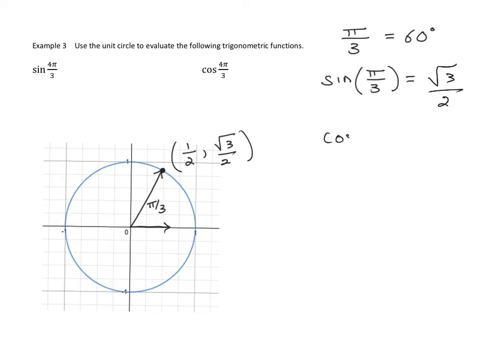And cosine of pi over 3 is the x coordinate, which is 1/2. I can somehow use these values and symmetry of the unit circle to figure out what these two things are equal to. All right, the next step is going to be, well, where is 4 pi over 3?